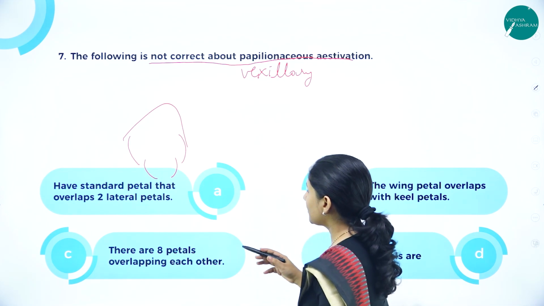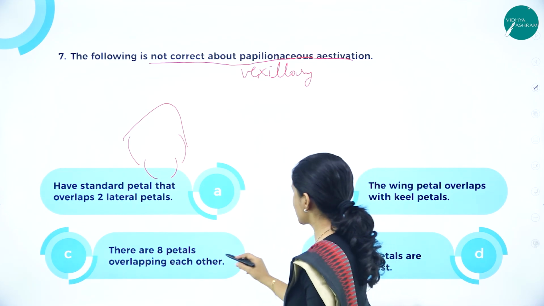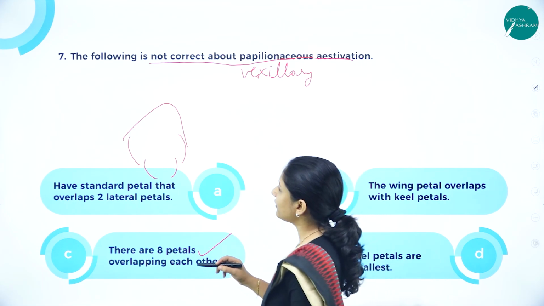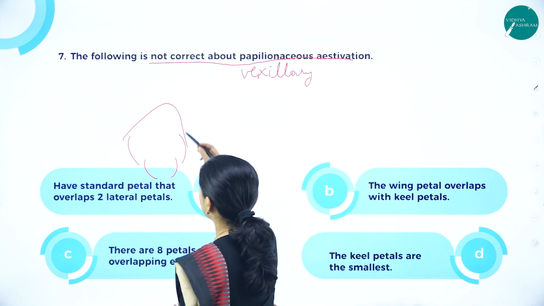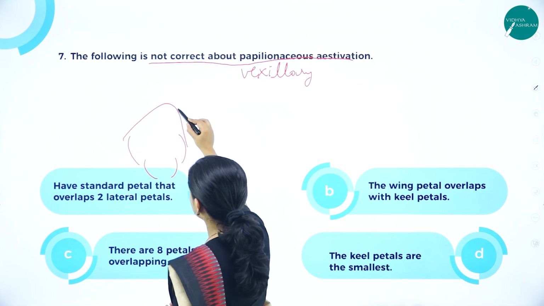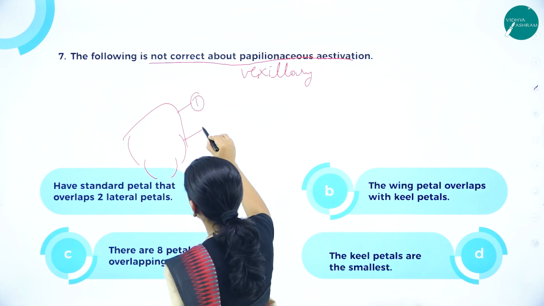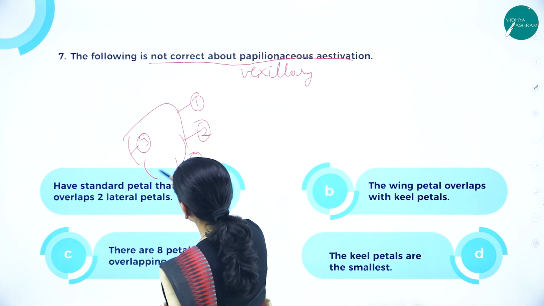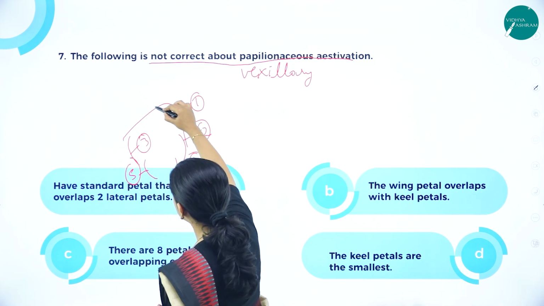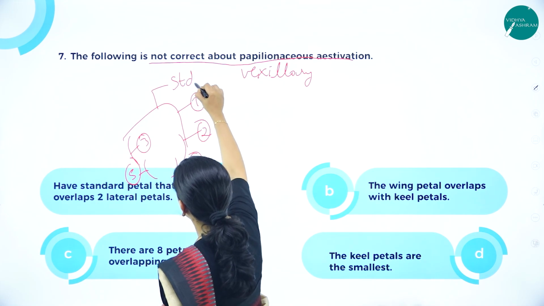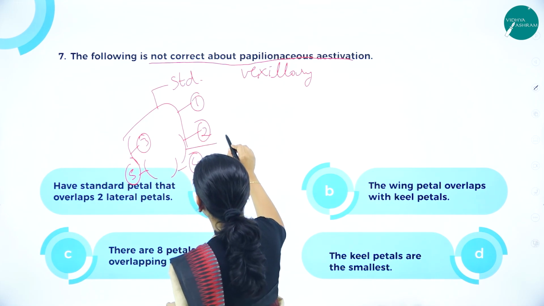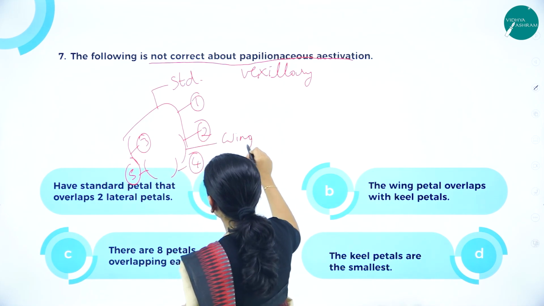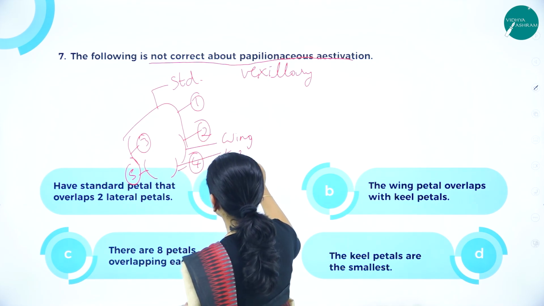There are 8 petals overlapping each other. No, because they have only 5 petals overlapping each other: 1, 2, 3, 4, 5, wherein this is the standard petal, this is the lateral or wing petal, and this is the keel petal.